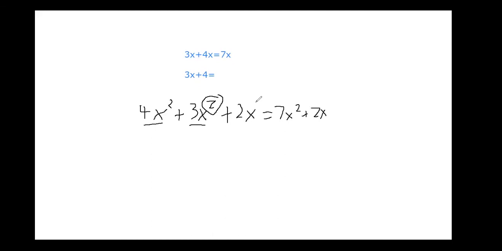Right here. These have to match. X to the second and x, those need to match in order to be put together or combined. Okay? So the variables and their powers need to match in order to be added together.